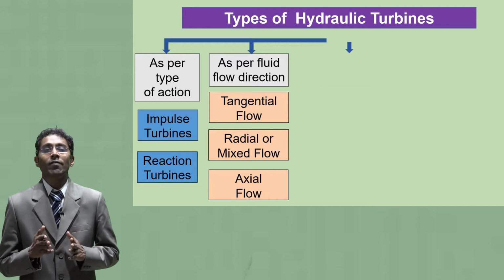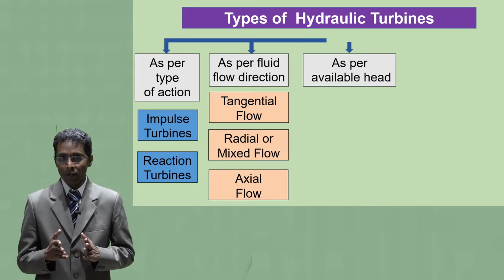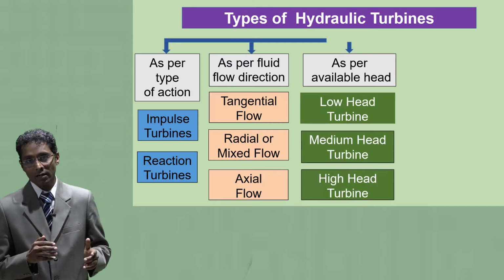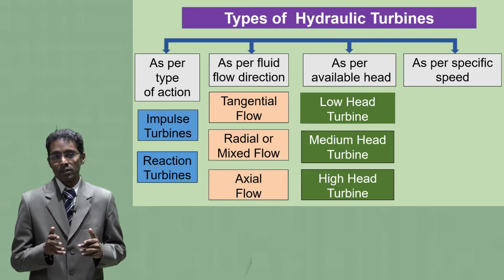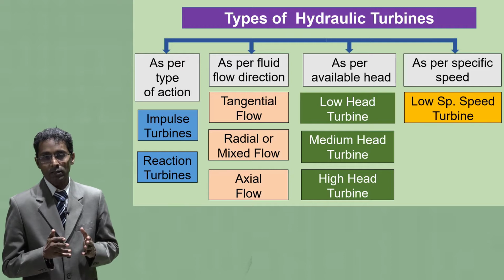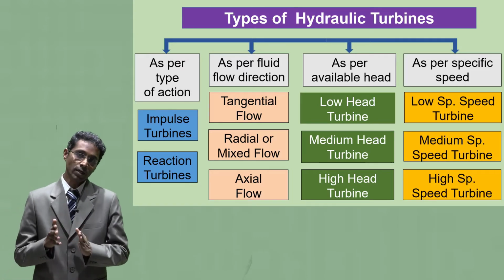As per the available head, they have three types: low head turbine, medium head turbine and high head turbine. As per the specific speed of the turbine, these have three types: low specific speed turbine, medium specific speed turbine and high specific speed turbine.